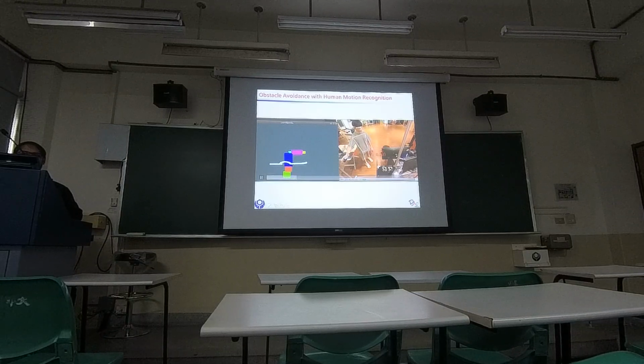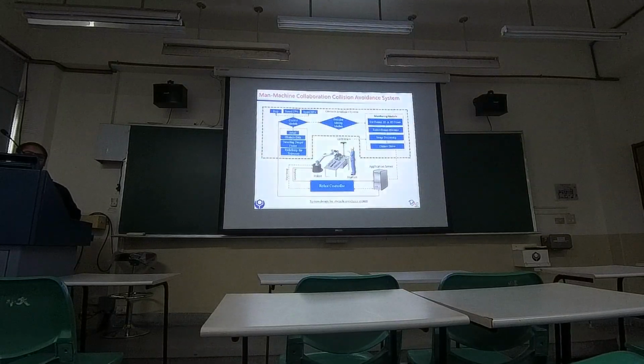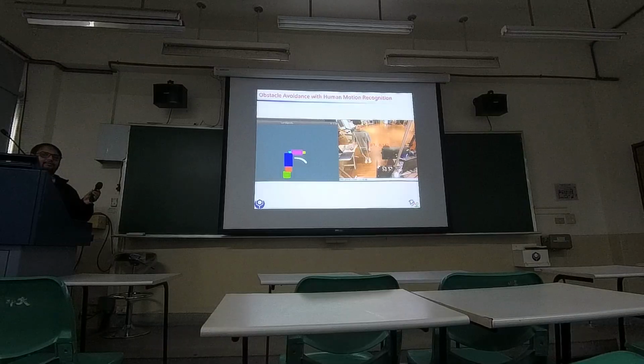If there is a hand in between the trajectory, you can see that a new trajectory has been formed. So that was the model for human-robot collaboration with trajectory planning and human motion detection. We have seen both of them in one single experiment.